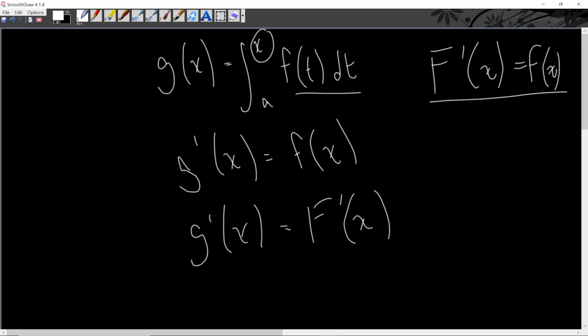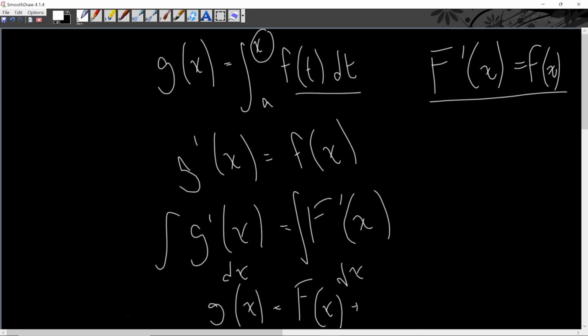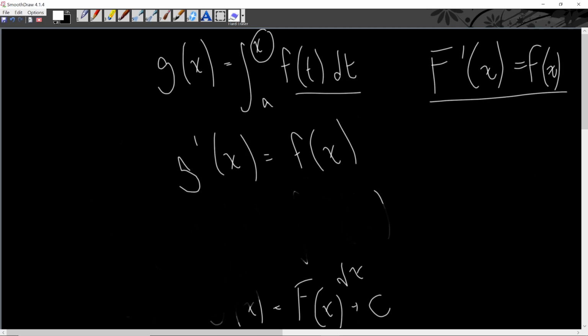And if we were to do an indefinite integral of both sides with respect to x, of course, you're just going to get g of x is equal to uppercase F of x plus c. Again, when you integrate anything, you have to account for a constant that will eventually differentiate to 0.